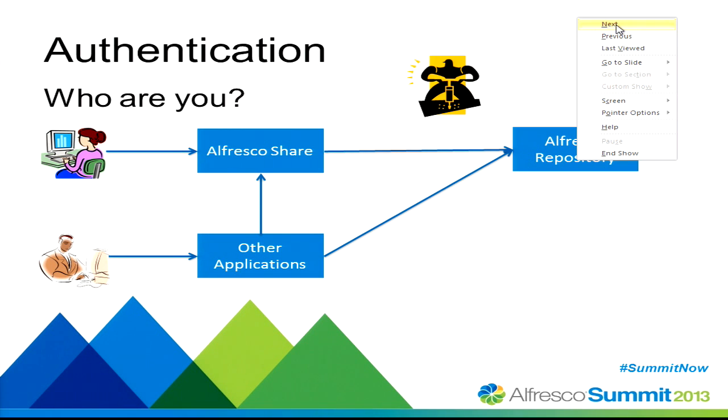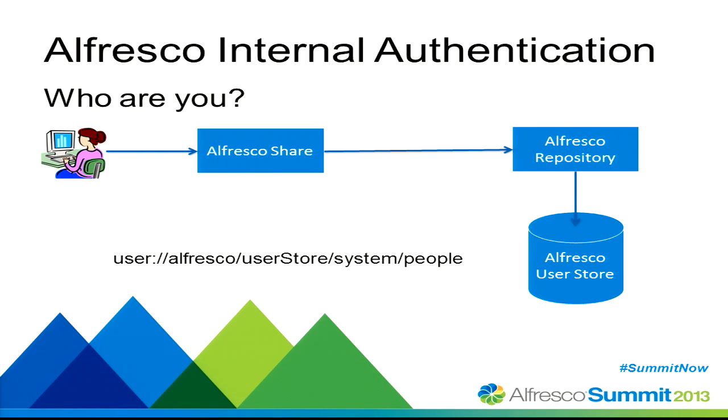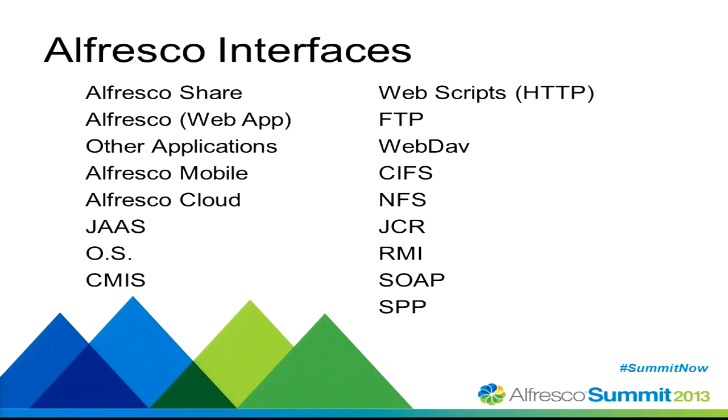The second issue we have with Alfresco is that it has a lot of different interfaces. Now, these were just some I thought up while knocking up the slide in about 5 minutes.